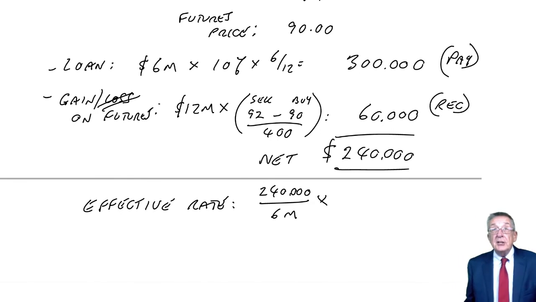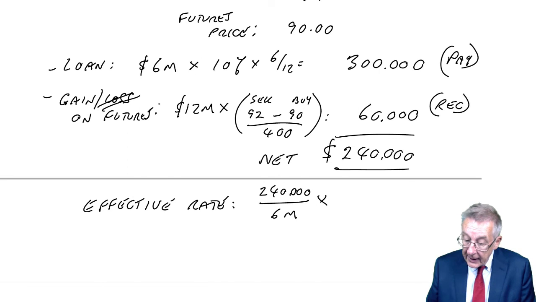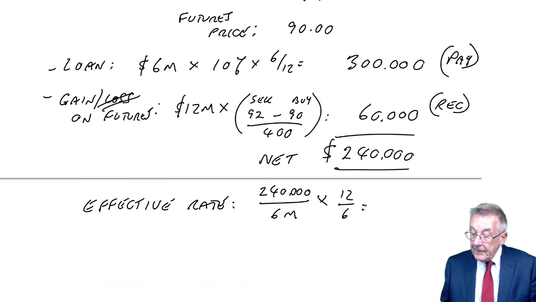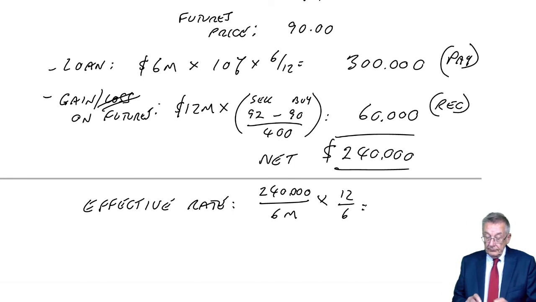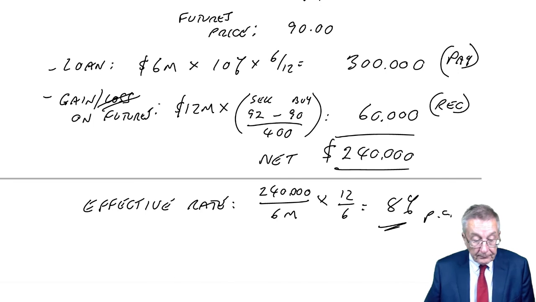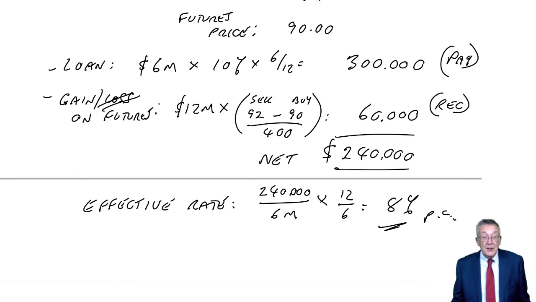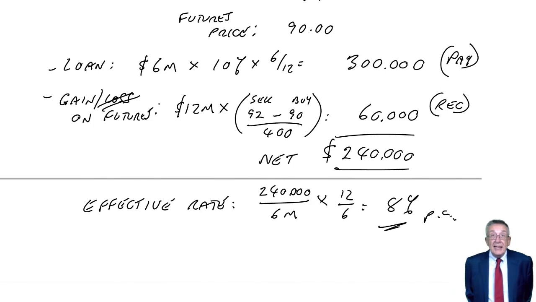And so to turn it into a 12-month effective rate, multiply by 12 over 6. And we're effectively paying 8% per annum, which is today's rate. You see, at the moment, interest rates are 8%. If we had been taking the loan today, we'd have paid 8%.